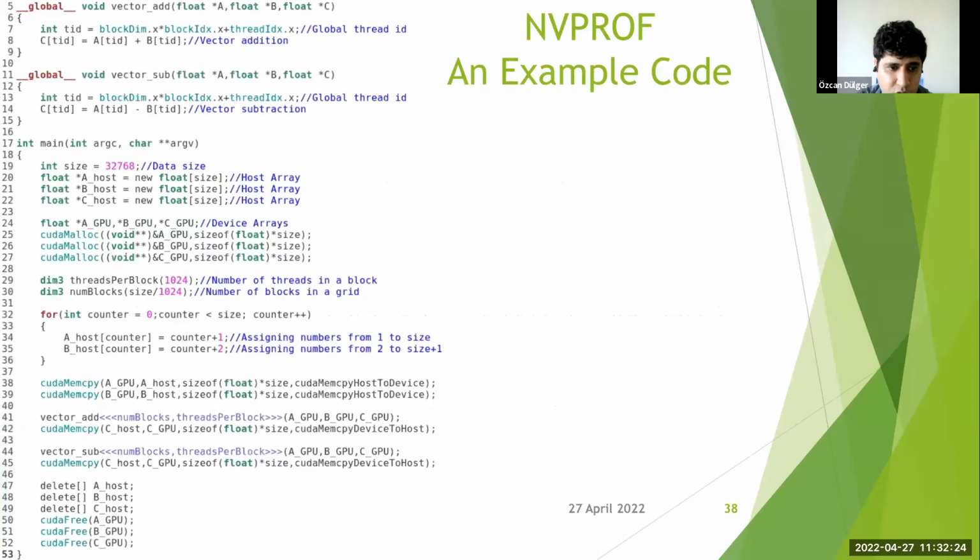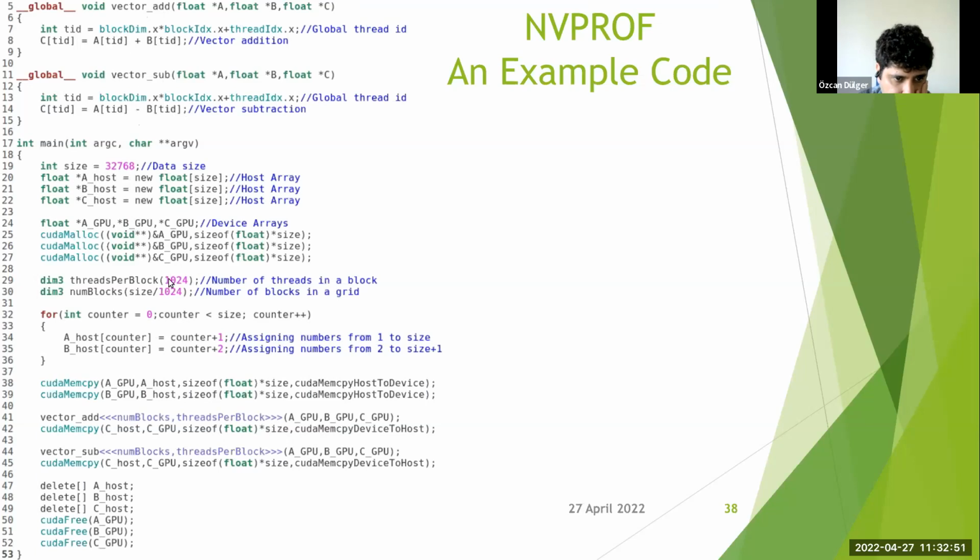Let's look at our example code before showing examples about them. We already have a kernel named vector add, and we define another kernel here, vector sub, and it does vector subtraction. Similar to vector addition, only the operator differs. Again, we have three arrays, host arrays and GPU arrays.